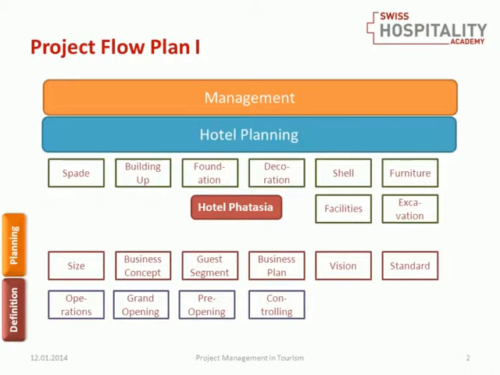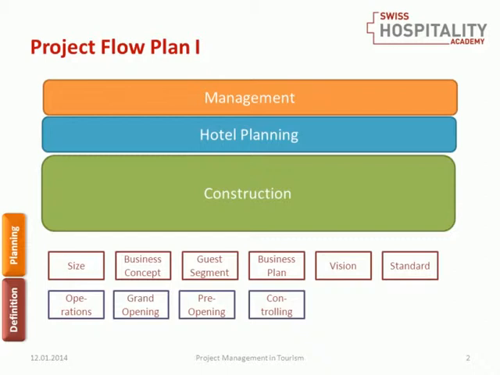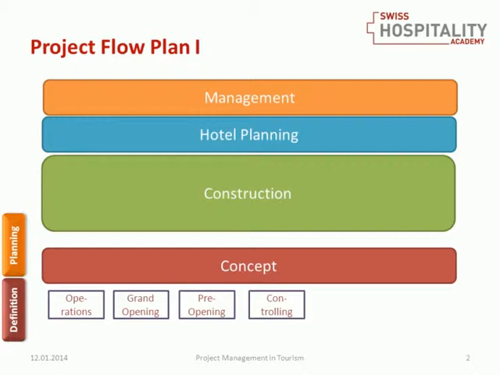So maybe for the first group, we could name this group management. The next group we could name hotel planning, as this is all the planning activities. The third group, that's an easy one. We could call this the construction group.